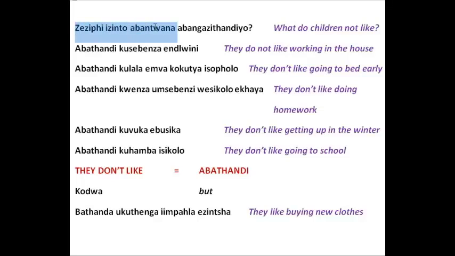Zeziphi izinto. What are the things that abantwana, the children, do not like? Abathandi kusebenza endlini or endlwini. They do not like working in the house. Abathandi kulala emva kwesopholo or emva kokutya isopholo. They don't like going to bed literally after eating supper or early. Abathandi kwenza umsebenzi wesikolo ekhaya.